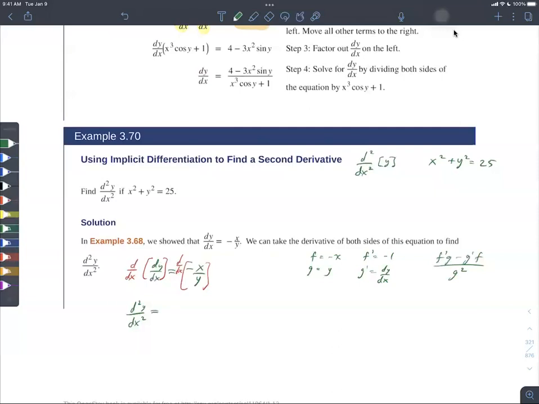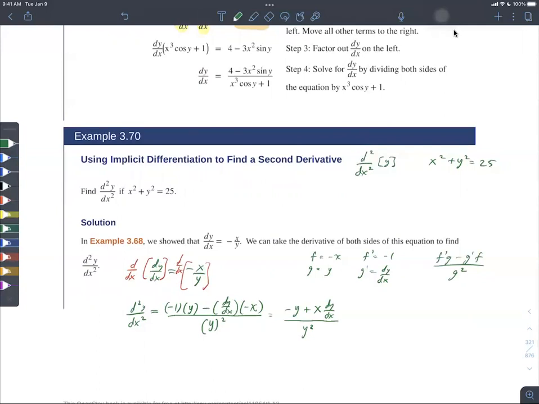So let's go ahead and assemble our quotient rule derivative. f prime is -1 times g, g is y, minus g prime, which is dy dx, times f, which is -x, divided by g squared. g is y, and that is squared. And so we can simplify here. We get -y plus x dy dx over y squared.